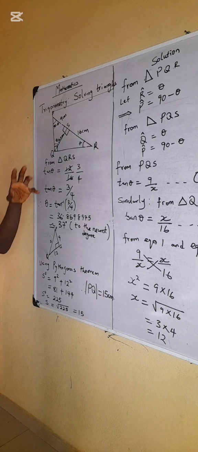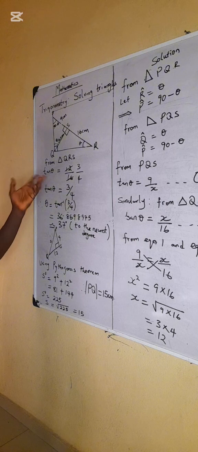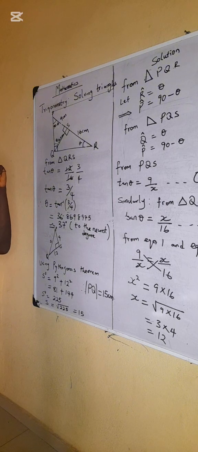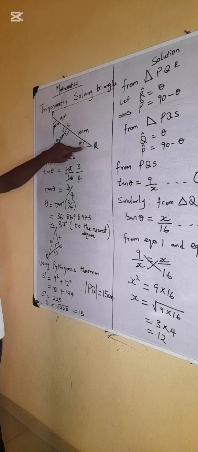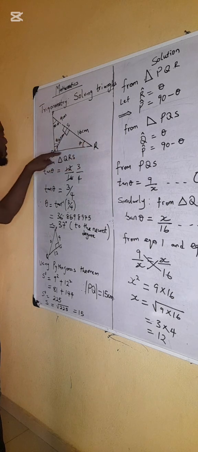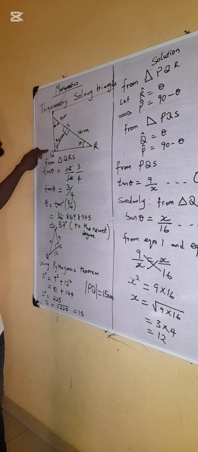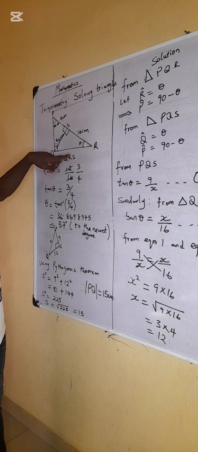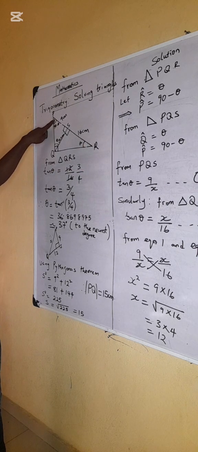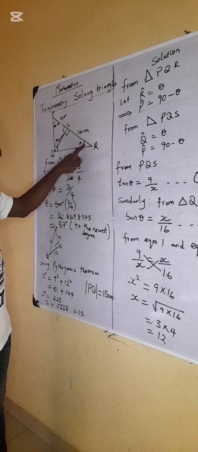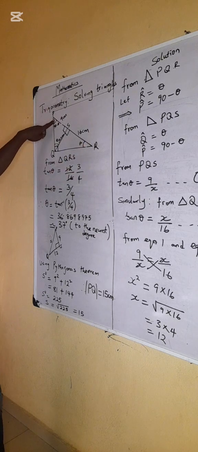So they have guided our mind on what to do. I assume that the value of this angle here is theta. From this right angle triangle PQR, the big right angle triangle, the angle here and the angle here are complementary angles. So if here is theta, automatically here is 90 minus theta.